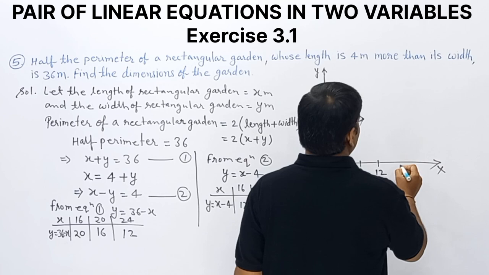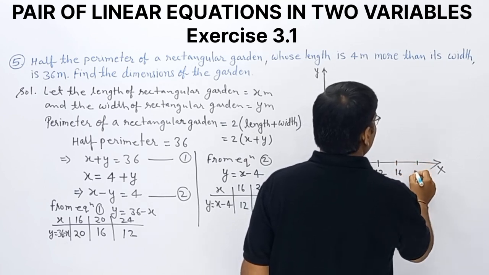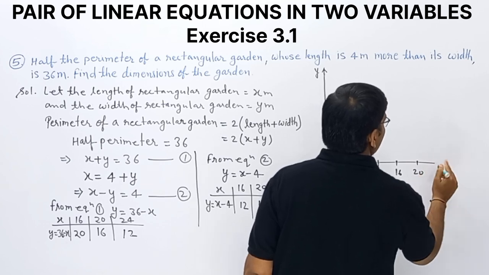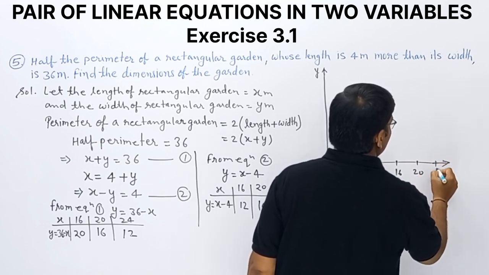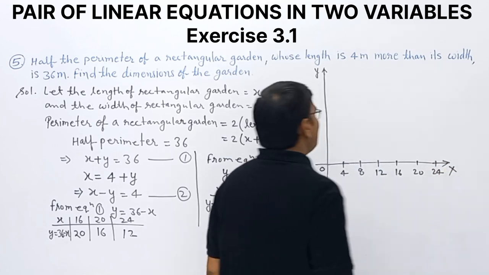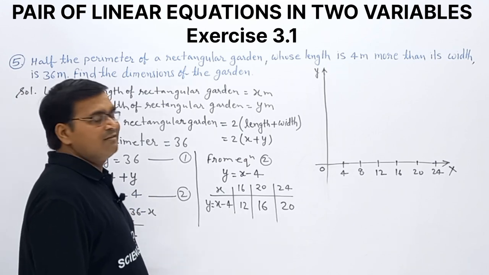Then 16, then 20, and finally one more value I am taking is 24. These are the values on the x-axis. The gap is 4 units.